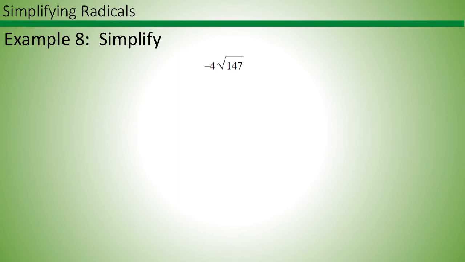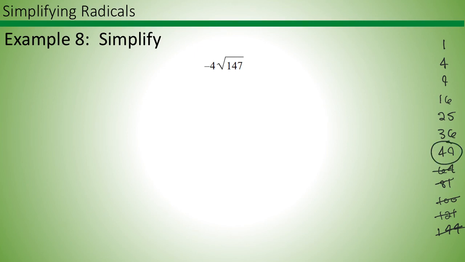Okay, one more example. Same thing, make your list of perfect squares. When I go through this list, that does not divide it, no, no, no, but 49 is a factor.